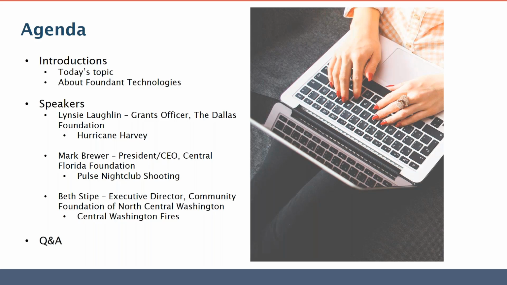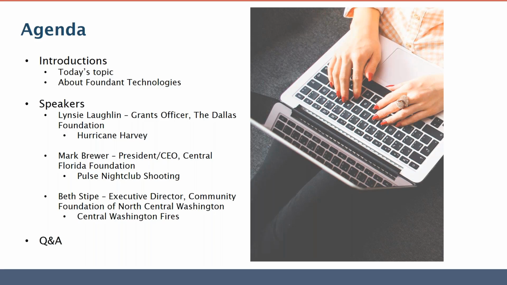So before I move on, though, I do want to take a little bit to talk about why we chose today's topic. We do have a very large audience today, so obviously this is a topic that generates lots of interest, and unfortunately dealing with tragedy and crisis in one's own community has a very emotional aspect that makes disaster philanthropy a different beast entirely. No one would choose to have this be a focus area.